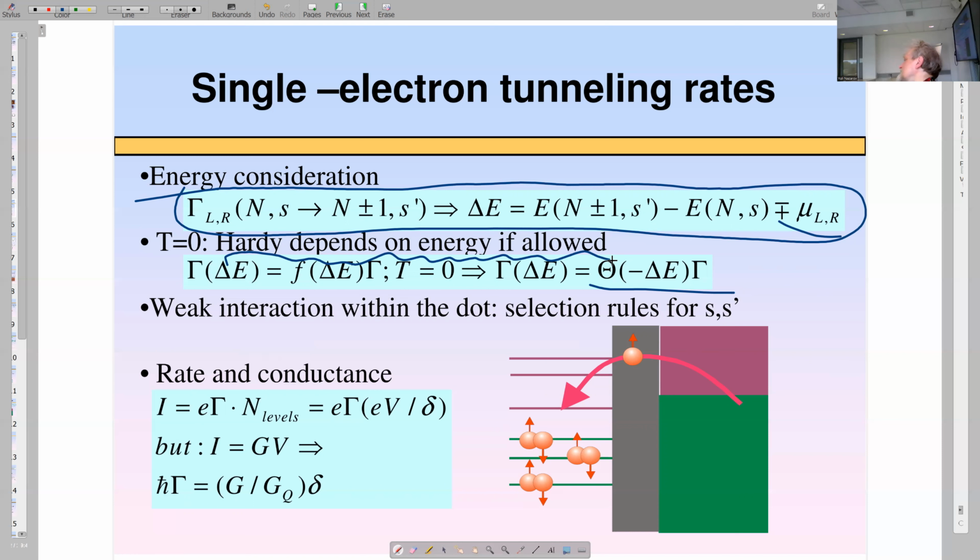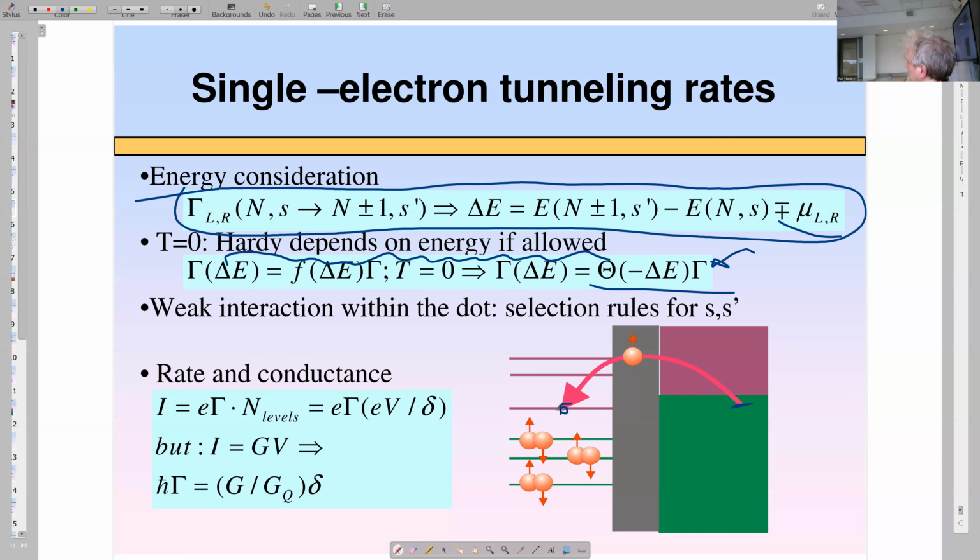So if it is allowed, then it takes some value gamma, not depending on energy. There's a transition between the continuum of electrons in the lead and an empty level in the dot.